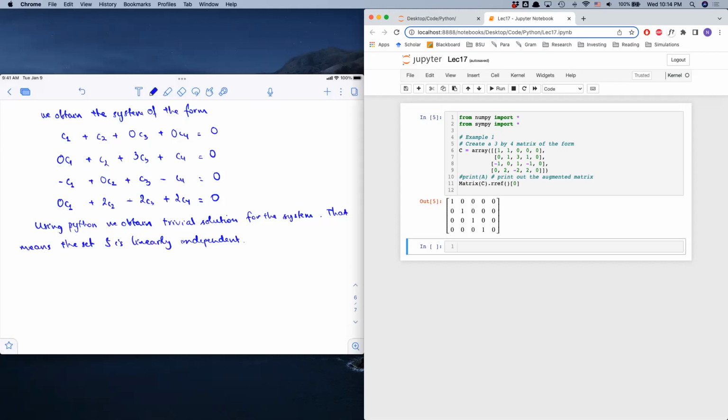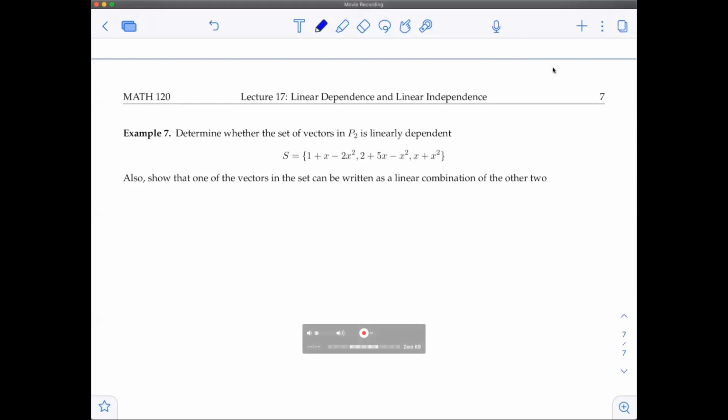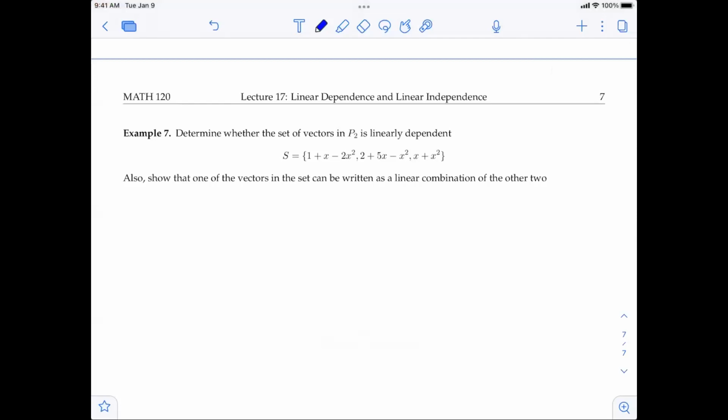All right. So we're going to move on to the last example in this lecture. In this example, we have a set of polynomial functions of degree 2, or quadratic functions.